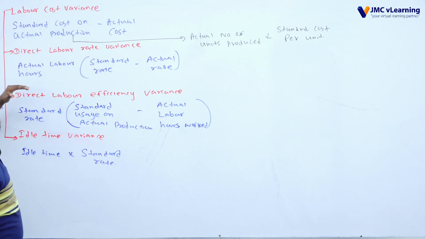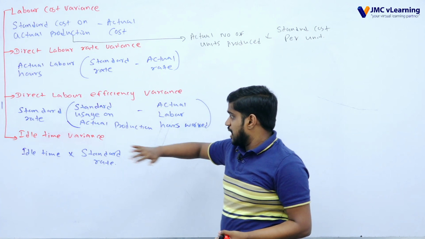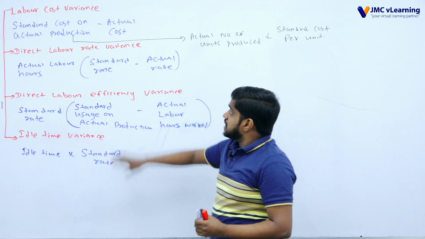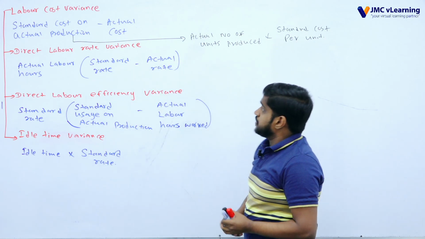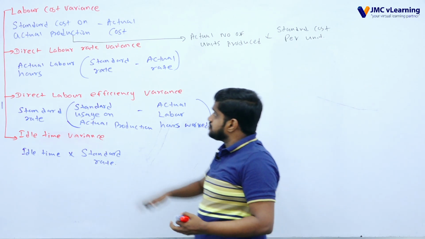Okay. As I mentioned, we have three sub variances under the direct labor cost variance: direct labor rate variance, direct labor efficiency variance, and idle time variance. How can we calculate direct labor rate variance?